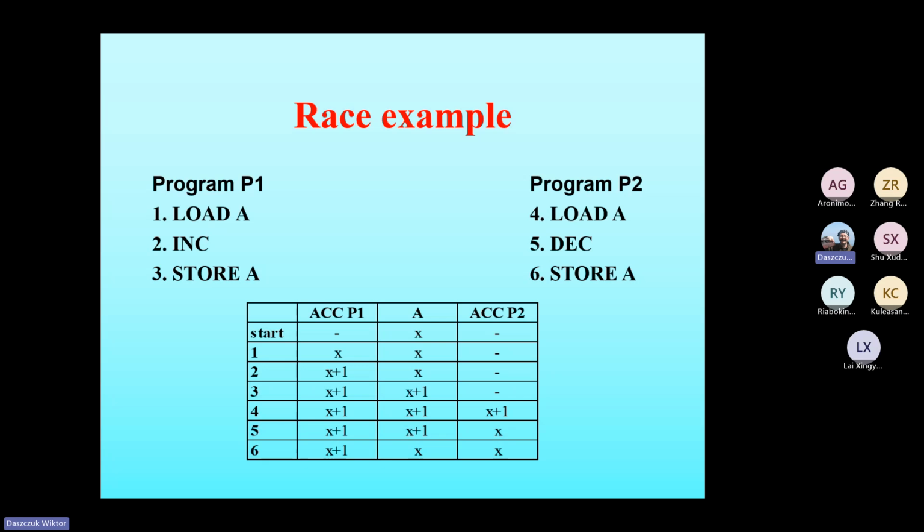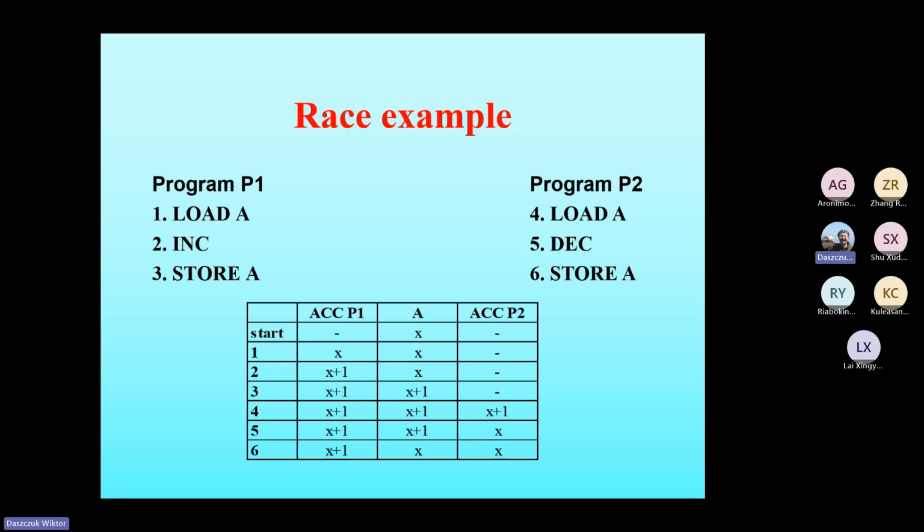After instruction 2, the accumulator is incremented by 1. But variable A keeps the old value, X. After step 3, we have the same value in accumulator and variable A, because the value is stored back to the variable A. And program P1 finished, so we run program 2.